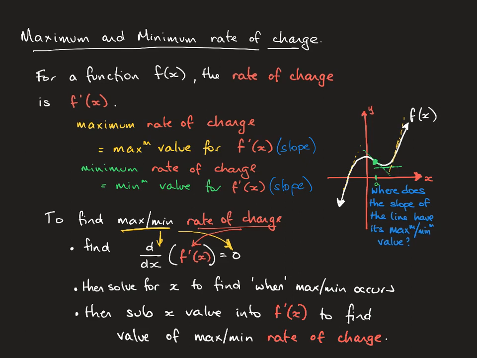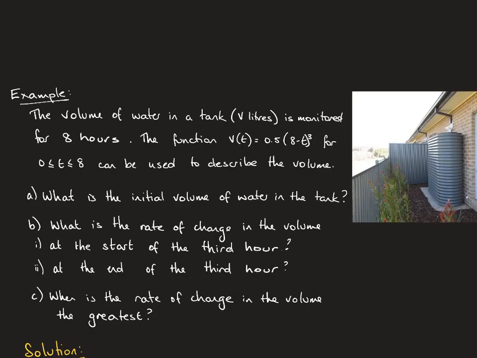Then you solve that function for x to find when the maximum or minimum occurs. So that will be like our a value that we found here, and then sub that x value into the derivative function to find the value for the maximum or minimum rate of change. Let's do a question that'll involve that. So let's look at an example.